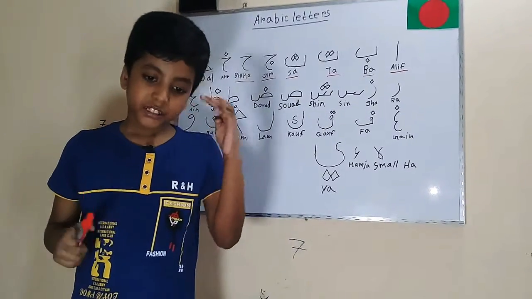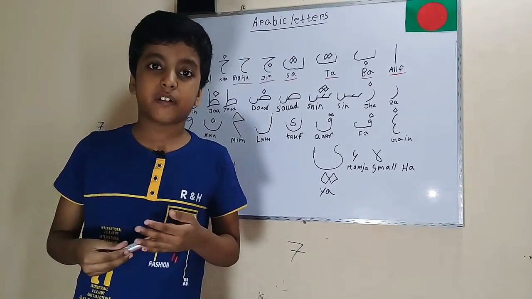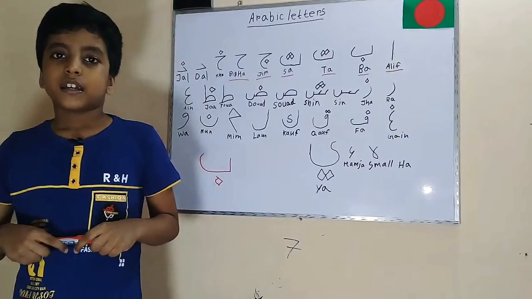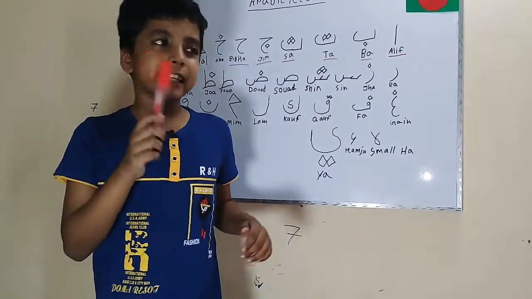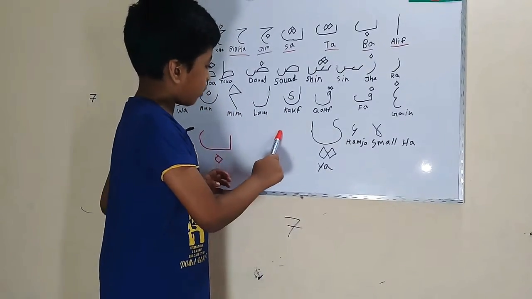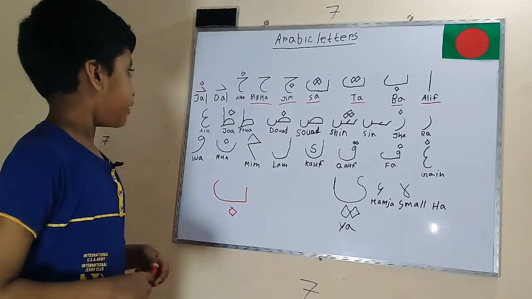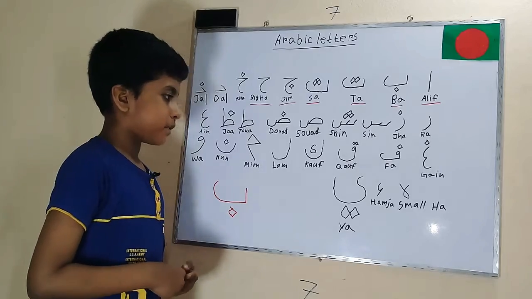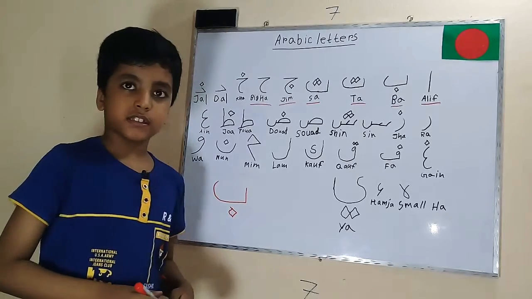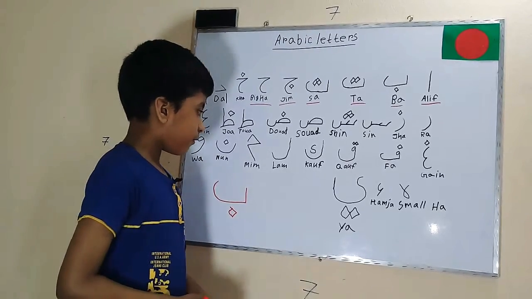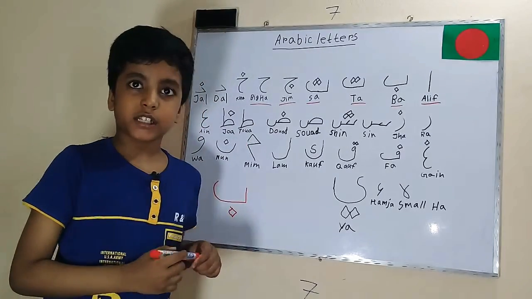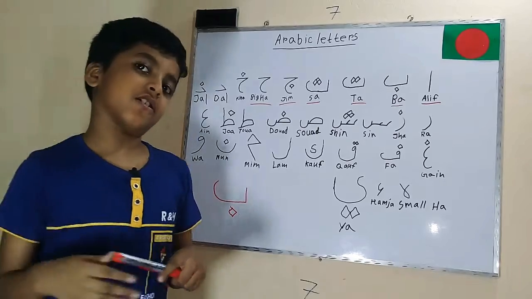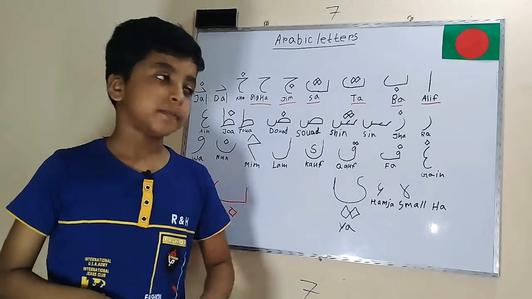Now the big ha is the sixth letter of the alphabet, and it makes the sound ha, but it's a bit longer. The sound of the bigger ha is a bit longer than the sound of the small ha.